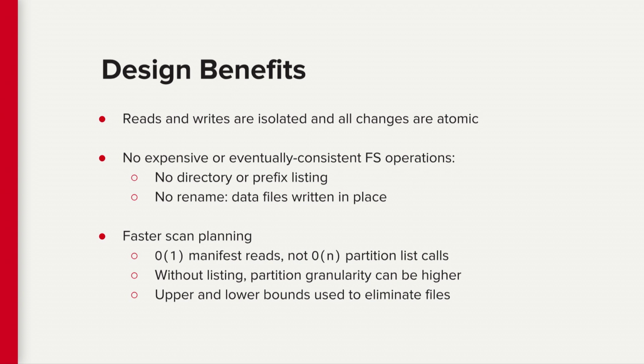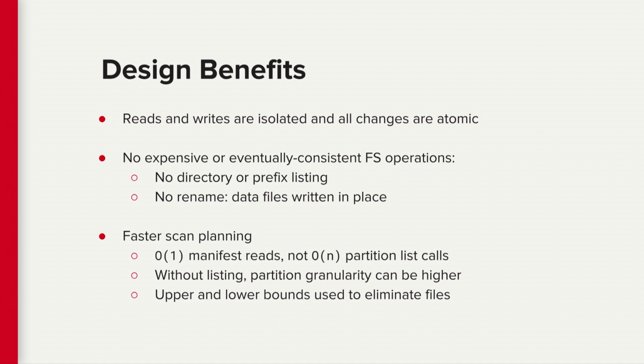There are no expensive or eventually consistent file system operations. So by keeping a list of all of the files in a table, we eliminate the need to do any directory listing, and we eliminate the need to rename anything in place because we're no longer using renames as this way of releasing data into the table.